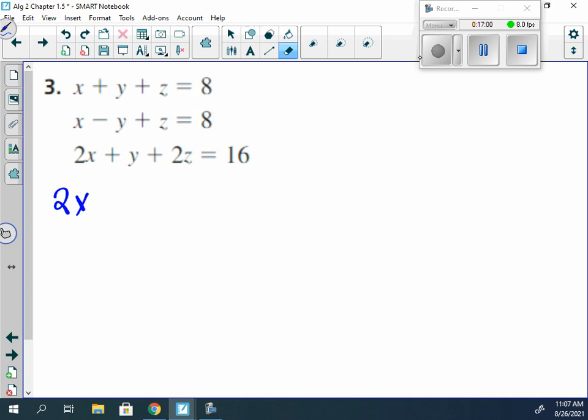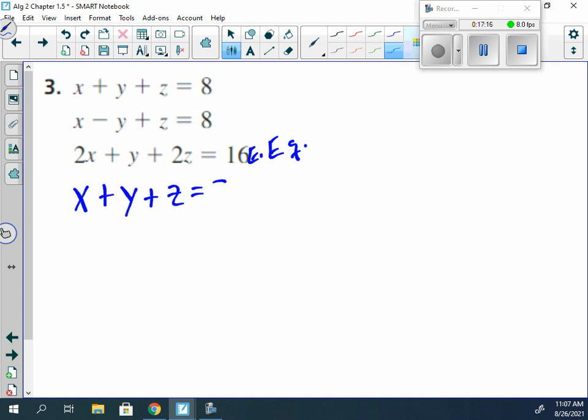Well, which equation do we want to use as the eliminator equation? Yeah, we can use this here. Eliminator equation. So we'll write the other two down. x plus y plus z is equal to 8. And we have x minus y plus z is equal to 8.